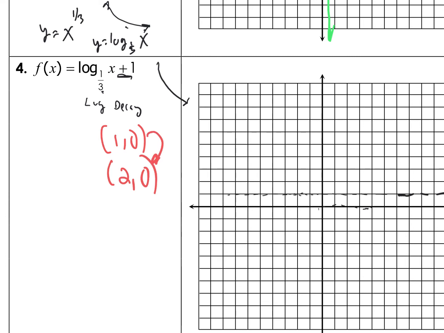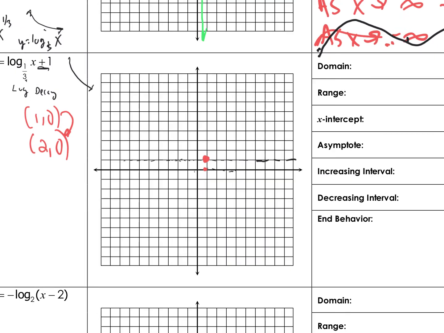Because in the normal, it'd have been 1, 0. But since everything gets shifted up 1, it's up here. So now if he asks me for my x-intercept, it's going to be harder. And he does ask for it. And it is harder to do.